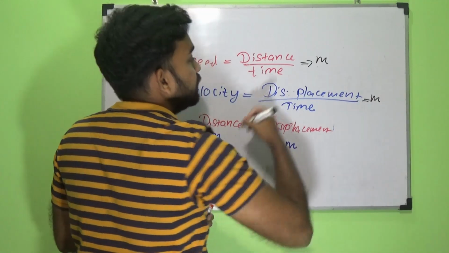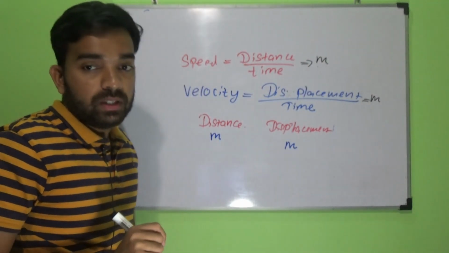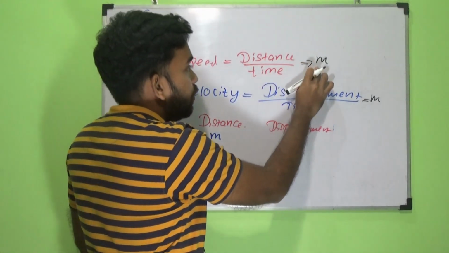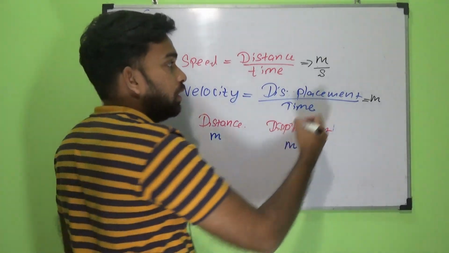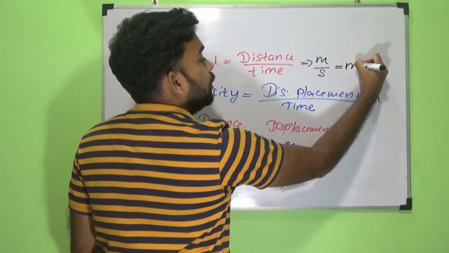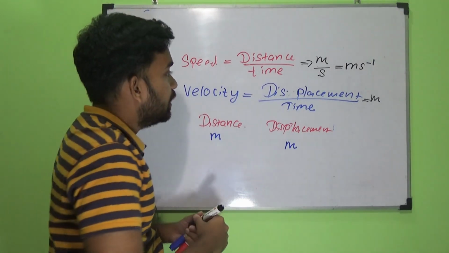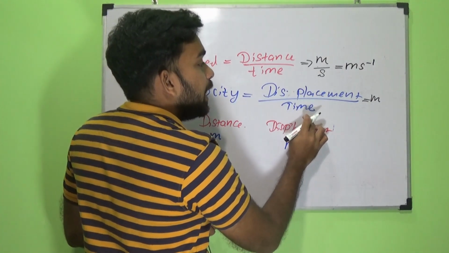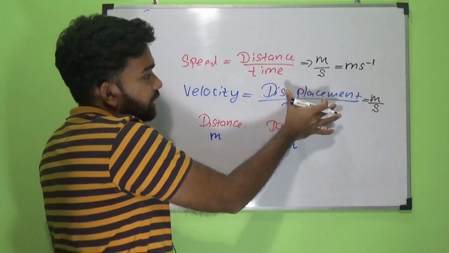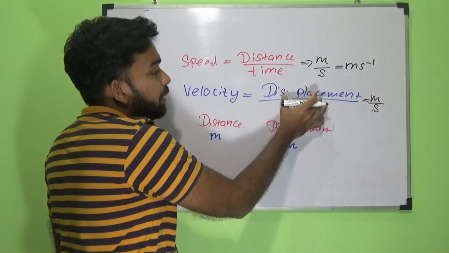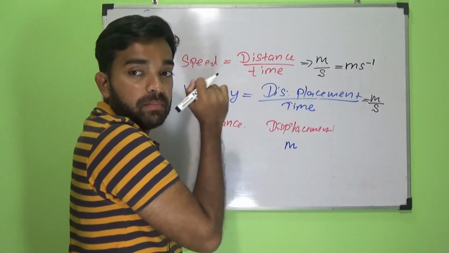So we are going to take the units for the speed and the velocity. Distance is measured in meters and time is measured in seconds. So the standard SI unit is going to be m s^-1 for the speed, right? And displacement divided by time is going to be m divided by s again, because the standard unit for the displacement is meters and the standard unit for the time is seconds.